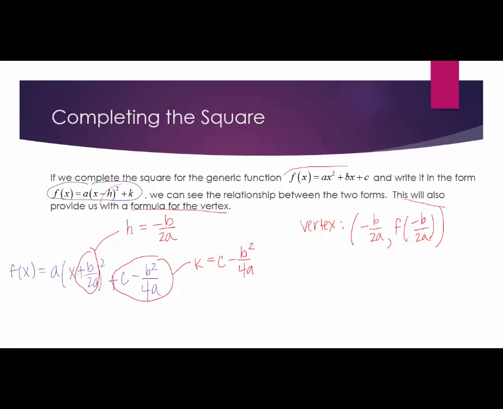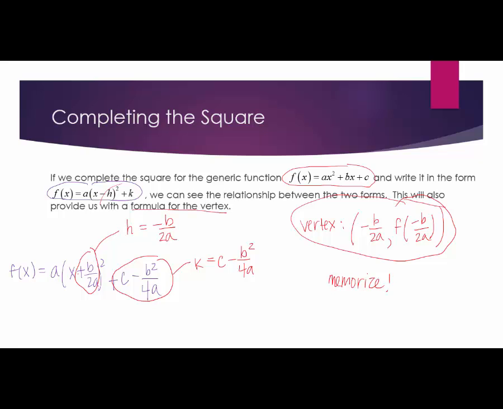If I start with something in this ax squared plus bx plus c form, I know that if I complete the square and put it in vertex or standard form, my vertex ends up being negative b over 2a, and the y value, easiest way to find it, just plug it back in, f of negative b over 2a. This is called the vertex formula. I would probably commit this one to memory.